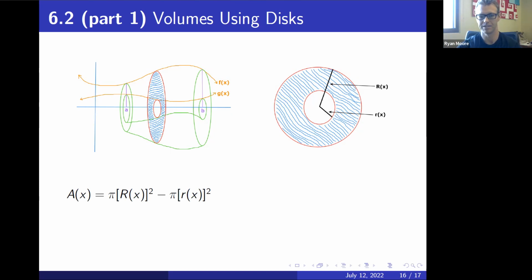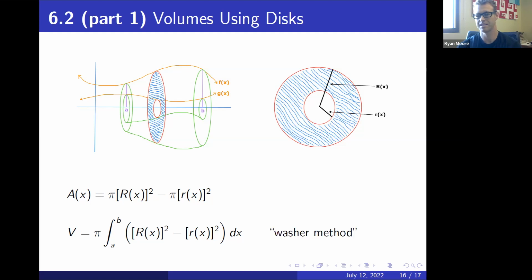And if we put that into our volume formula, notice that we can factor the pi out completely in front of the integral. So the volume will equal pi times the integral from A to B of capital R of X squared minus little r of X squared, times dx. This sort of situation, we're going to give a different name.